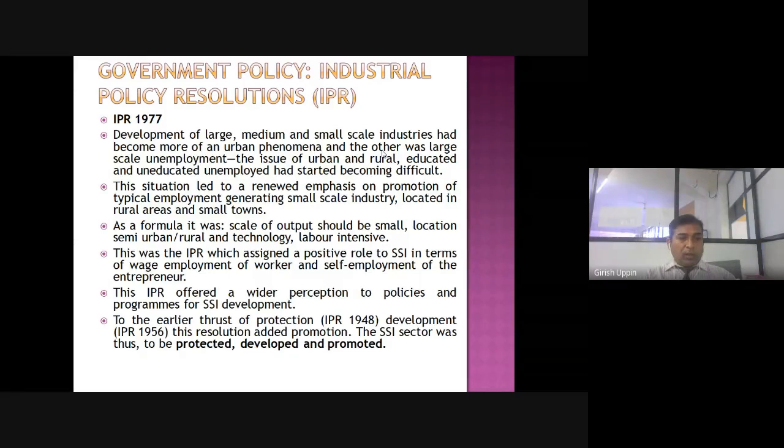To the earlier thrust of protection, that is IPR 1948, and development, that is IPR 1956, this resolution added promotion, meaning promoting the small scale industry in rural and semi-urban areas. The SSI sector was thus to be protected, developed, and promoted. That was the idea of the IPR 1977.